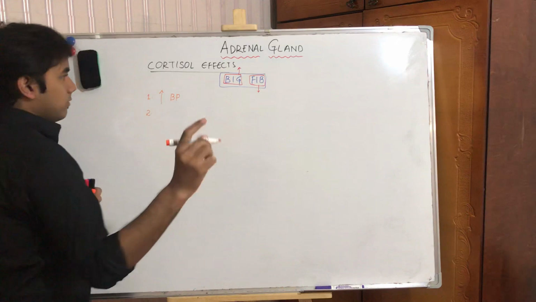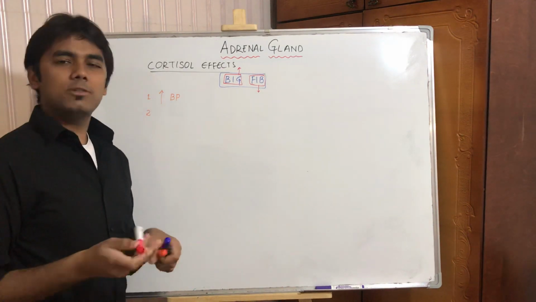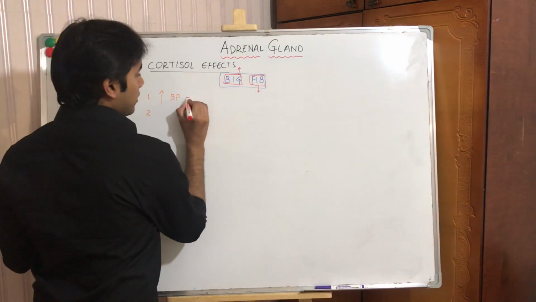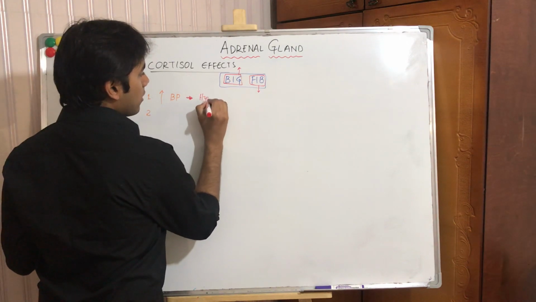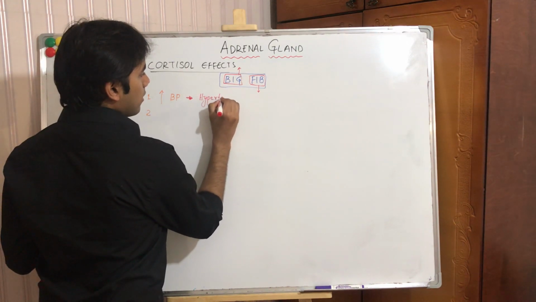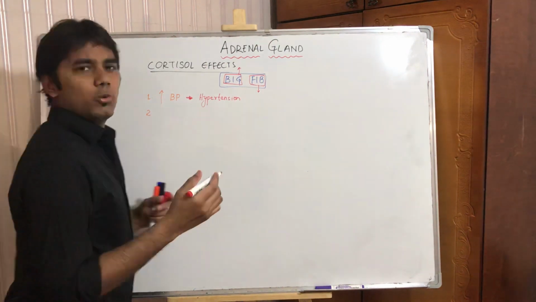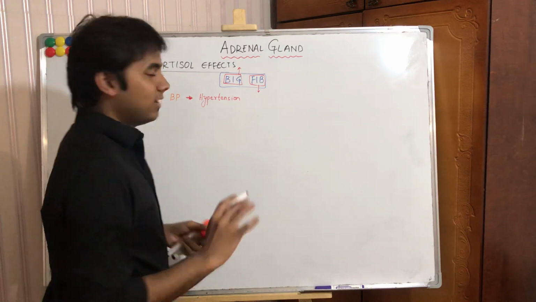Increase blood pressure in the sense hypertension, right? So increased cortisol directly leads to hypertension. In your books you will find HTN. HTN is the abbreviated form of hypertension.